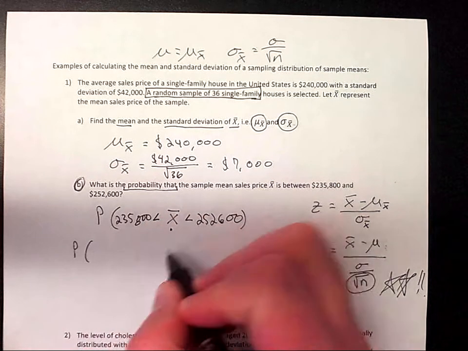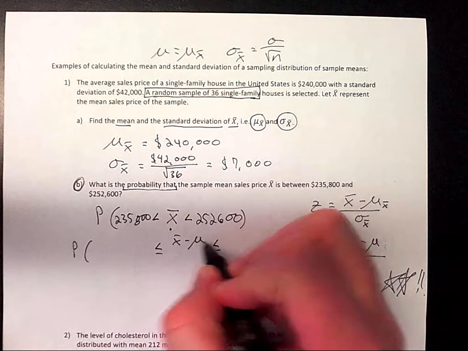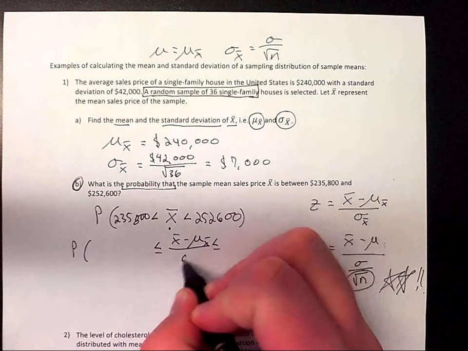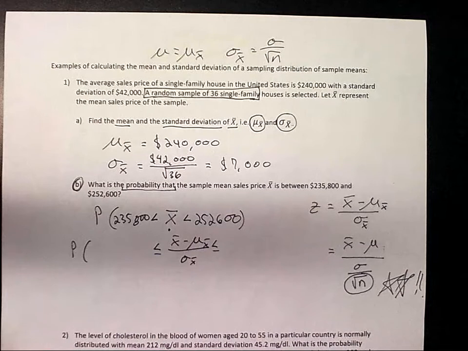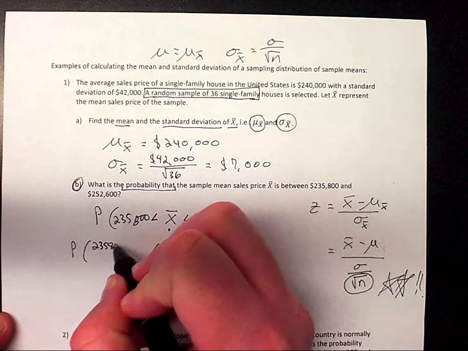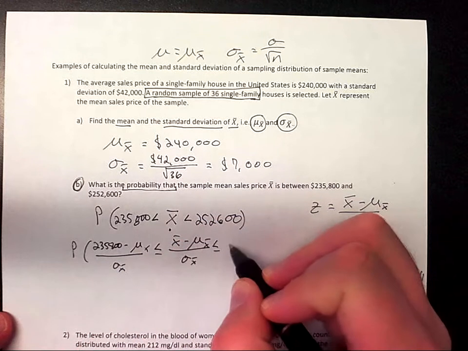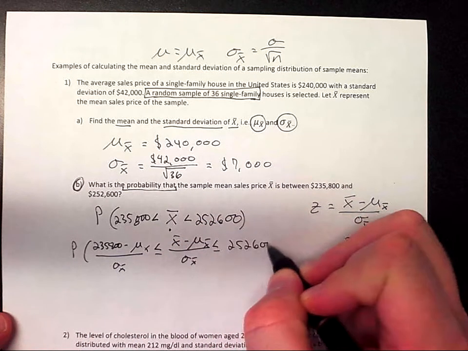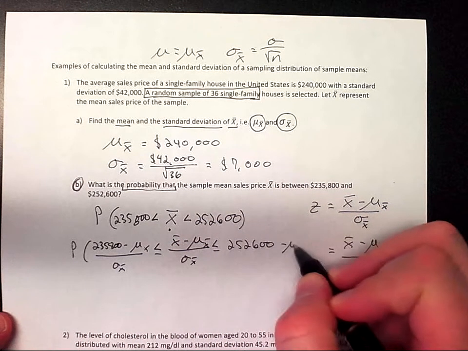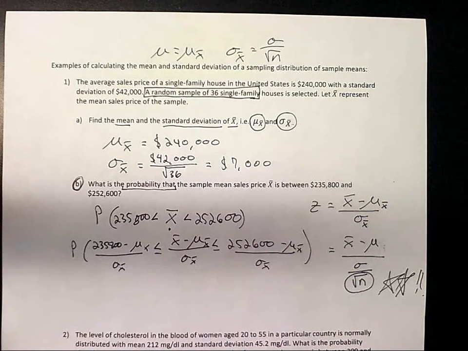What we're going to do is convert this x bar to a z by subtracting the mean and dividing by the standard deviation. But now we have the sub x bar subscripts. Whatever we do to one side of the equation, we have to do to all sides of the equation. So then we're going to have 252,600 minus mu sub x bar divided by sigma sub x bar.